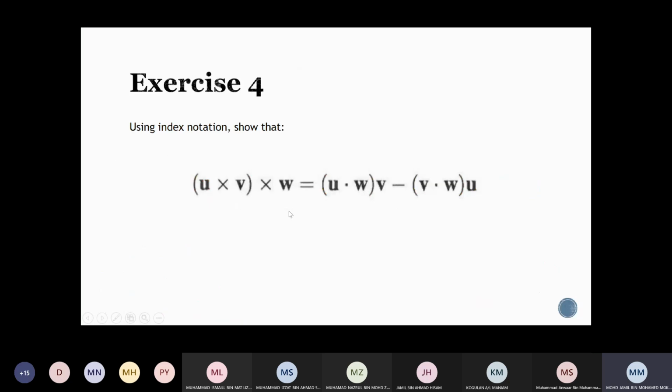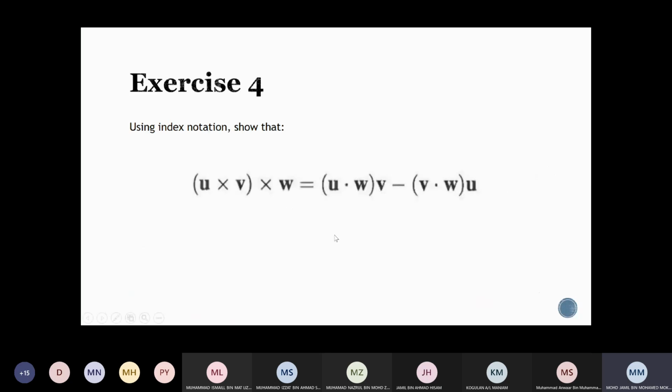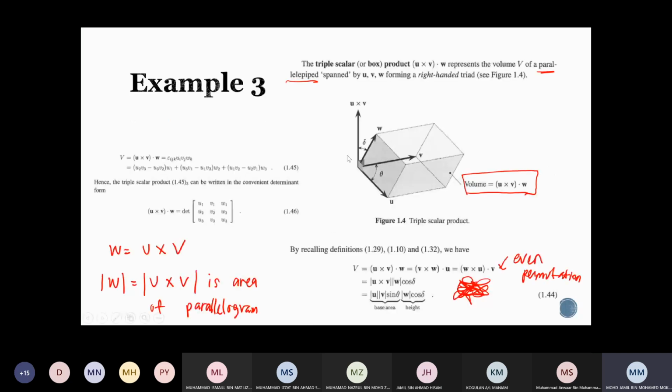Okay, this exercise is about index notation, so we will skip this exercise for now. So that's it for vectors. That's it for today's lecture.